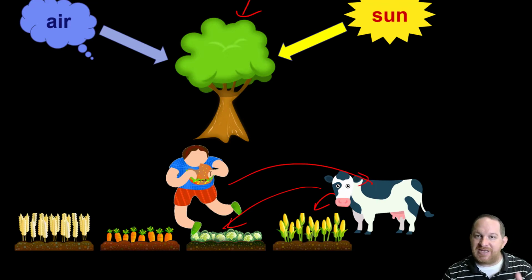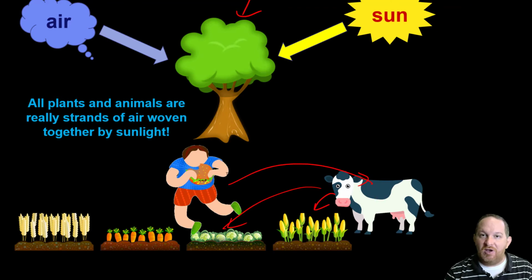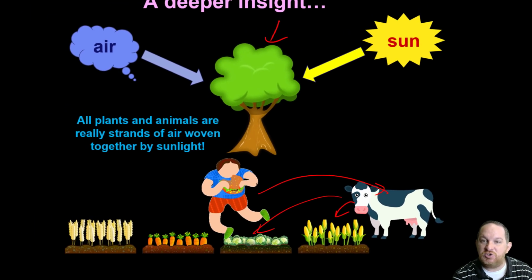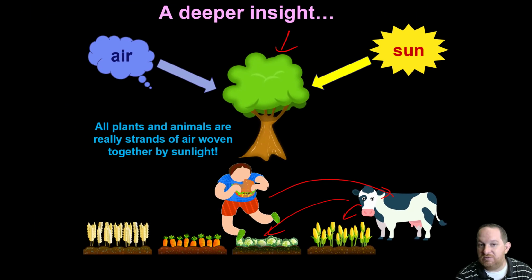So if you take it a step further, if plants are just air rearranged by the sun, and we and other animals eat plants, then you can think of it as all plants, all animals, all people, all puppy dogs, all penguins, everything, plant and animal, is really just strands of air, CO2, woven together by the sun.